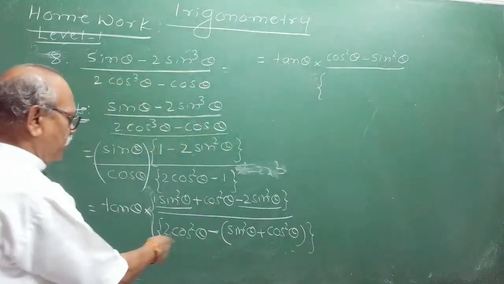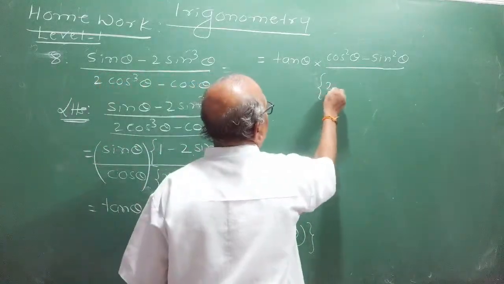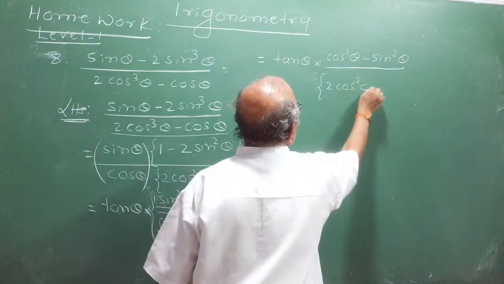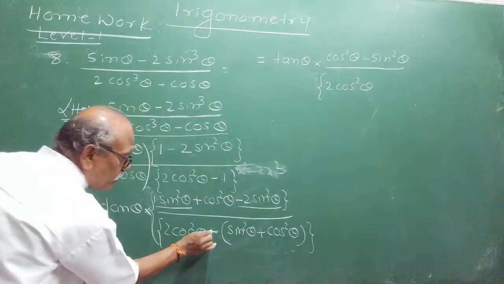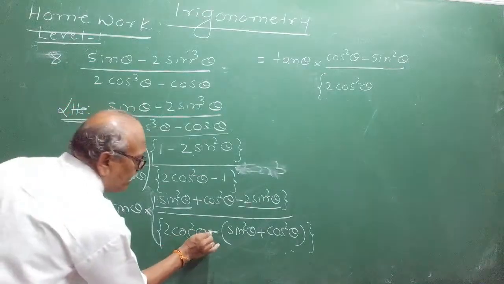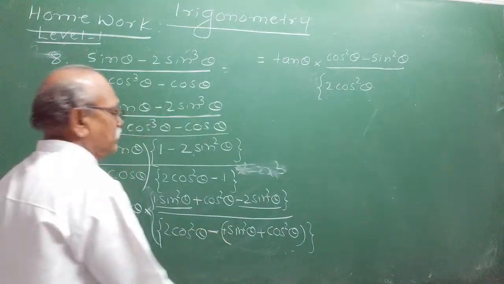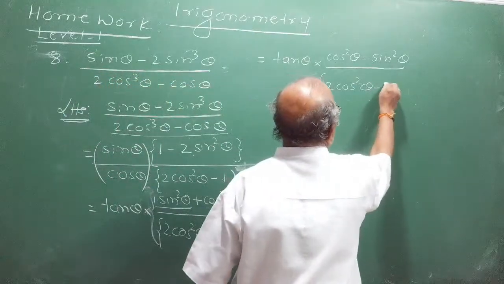Let us take the denominator. Remove the bracket carefully. Here I have seen many students make mistakes. They don't use brackets properly. Now you have to remove the bracket whenever there is a minus sign. Minus into plus becomes minus sin square theta.